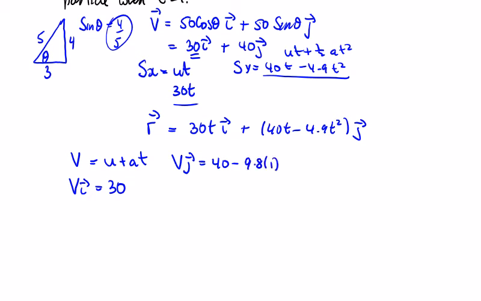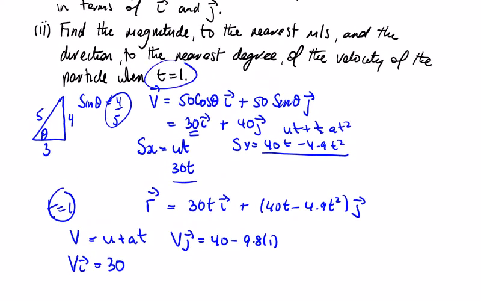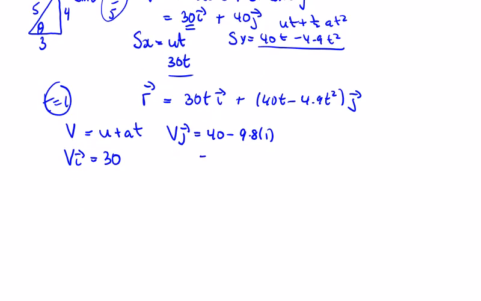T is equal to 1, is that what they told us? T is equal to 1. So that's going to give me 30.2. So we can say that the velocity at t equals 1 is going to be 30 in the i direction and 30.2 in the j direction.